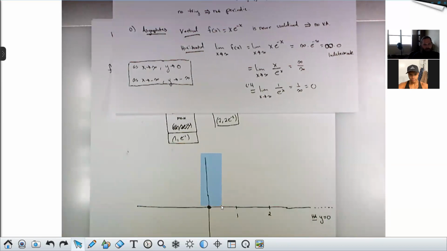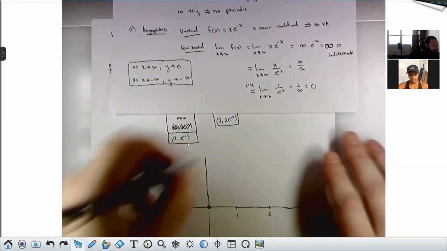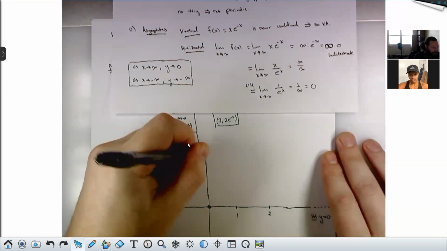Now to make my y scale make sense, I think it's worthwhile to think about how big these numbers are. E to the negative 1 is about 1/3. E to the negative 2 is about 1/9. So this is like 2/9, and this is like 1/3 or 3/9. So I would make 1 be like way up here.